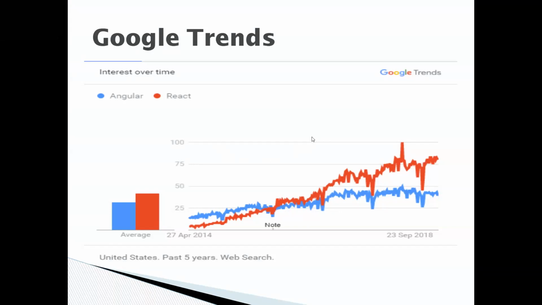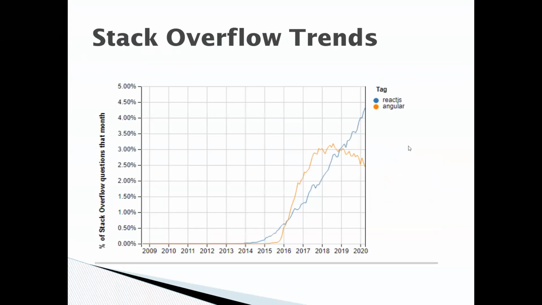Now, let's look at the Stack Overflow trend as well. From 2014 to 2020, React is getting popular year by year, and Angular is getting slower year by year. So the popularity of React is increasing very fast.